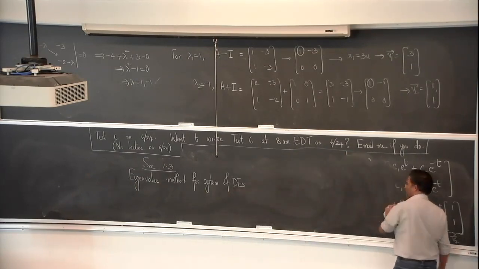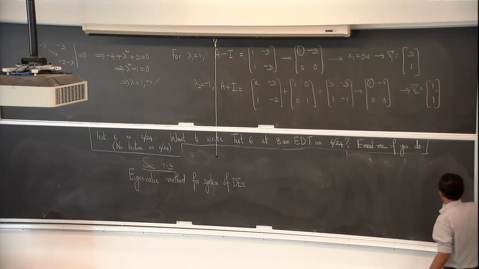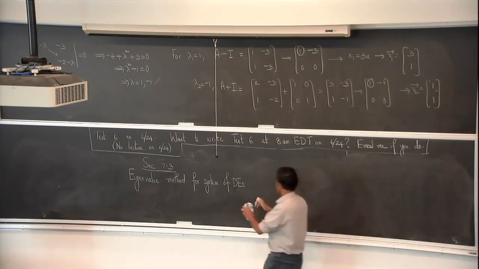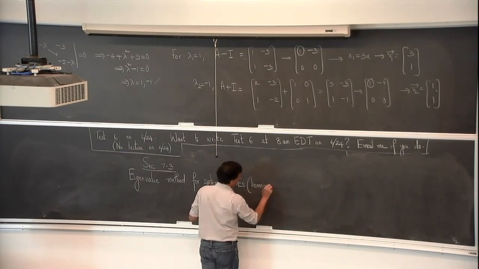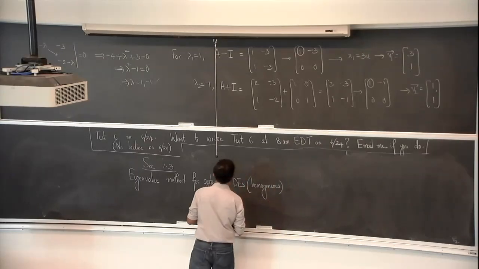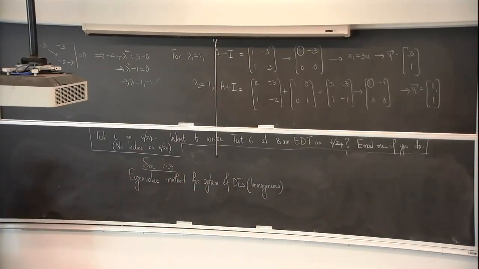We are going to start with homogeneous systems. We will talk about non-homogeneous things later if we get time, but don't worry about that right now. So, systems of homogeneous differential equations, because the non-homogeneous part doesn't have anything to do with the eigenvalues.